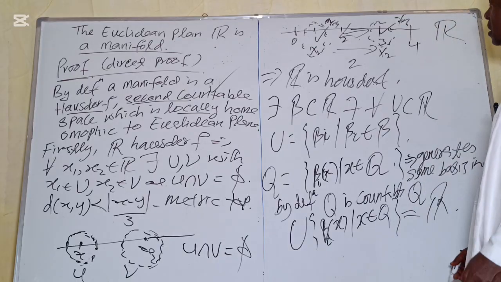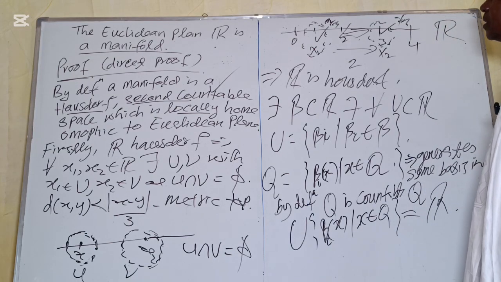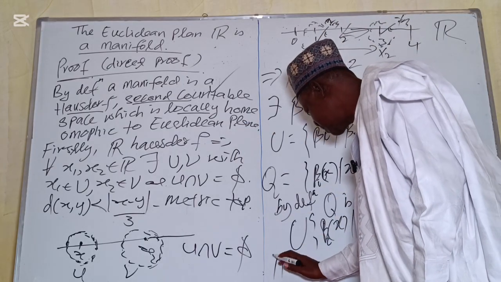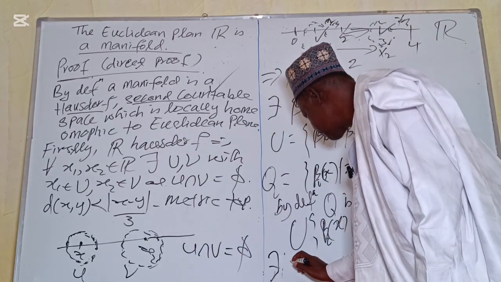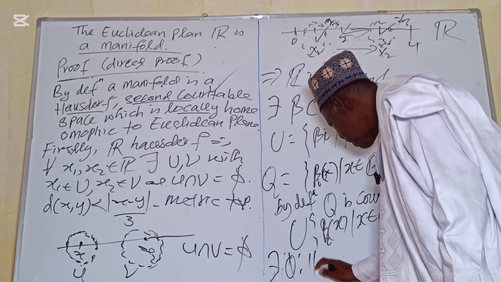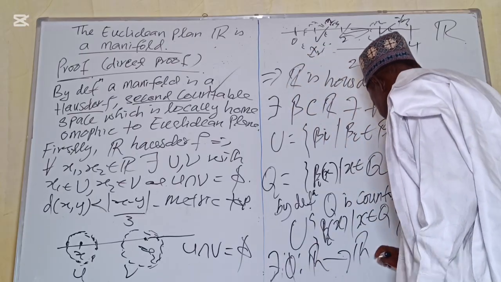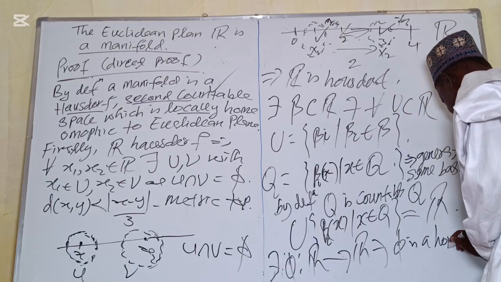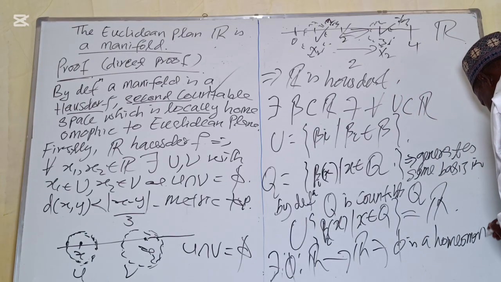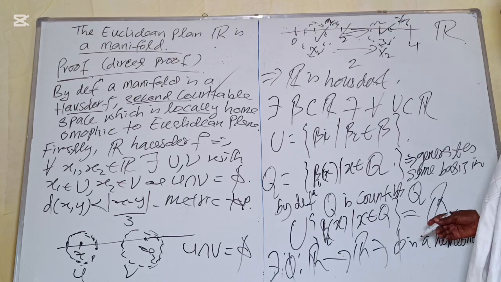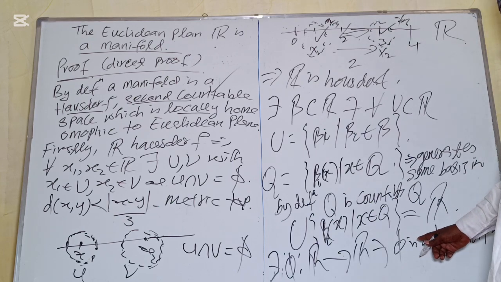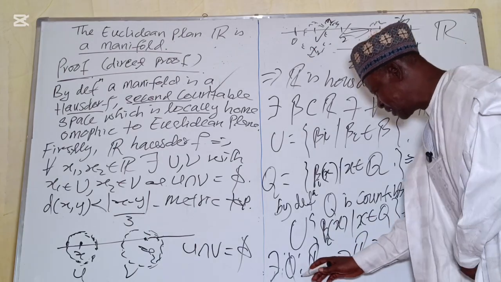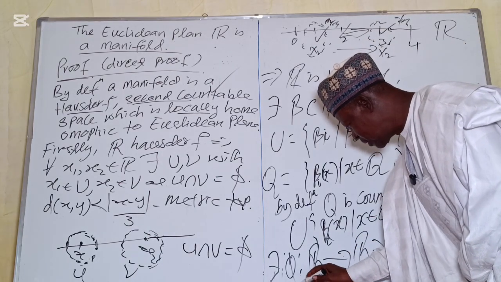What is left is to show that there is a homeomorphism between R and R. That means there exists phi from R to R such that phi is a homeomorphism. Without loss of generality, this is straightforward, because we can use the identity map.